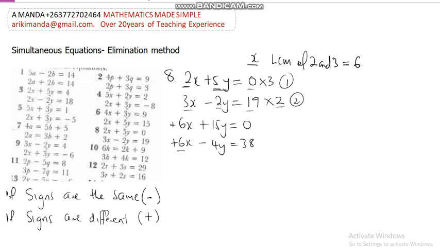And take note, the rules of the signs are, if the signs are the same, like in this case there's a plus here, there's a plus there, we subtract. Take note, if the signs are different, like there's a plus here and a minus here, you want to eliminate y, it simply means we add.